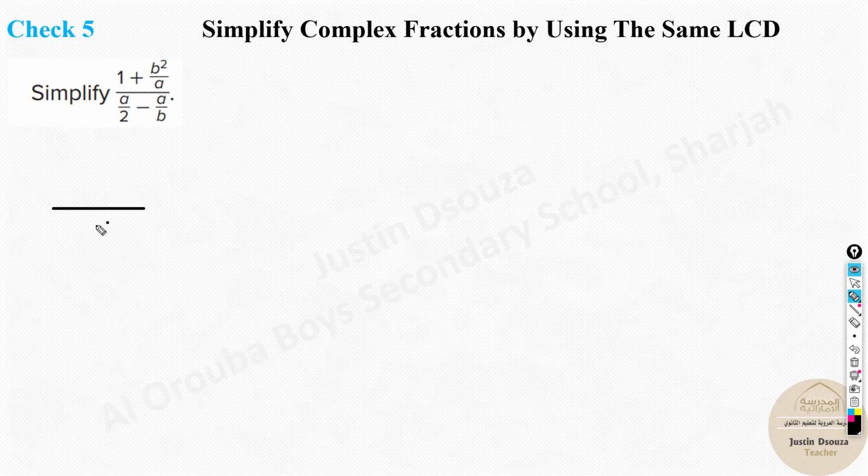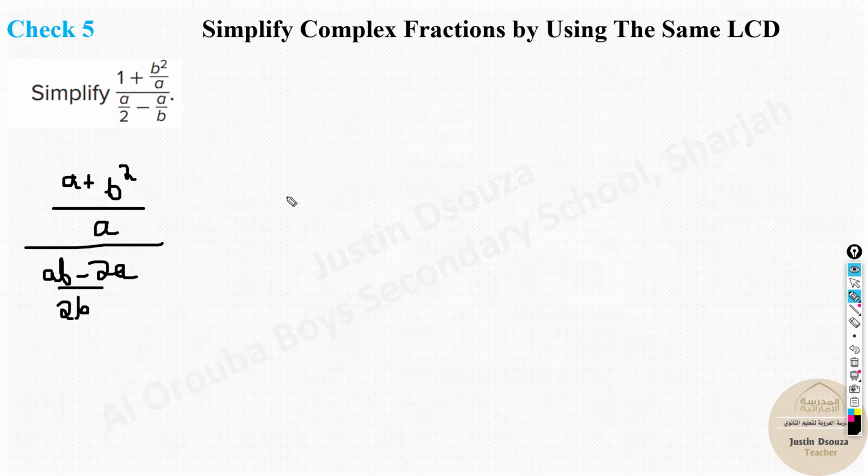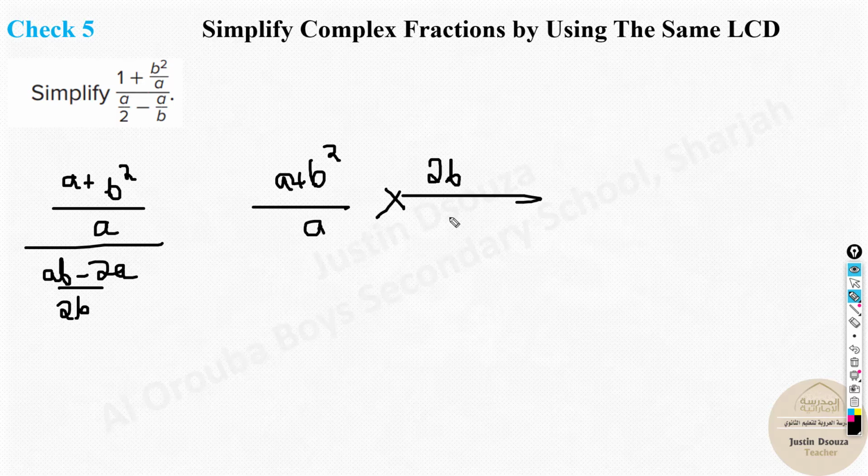I'll do it quickly. The denominator over here is a, and that's going to be a plus b squared. The denominator over here would be 2b, so it would be ab minus 2a. Just a plus b squared divided by a. Now I know this is division, this term, so I'll directly write multiplication, and the denominator of that term comes up, divided by ab minus 2b.